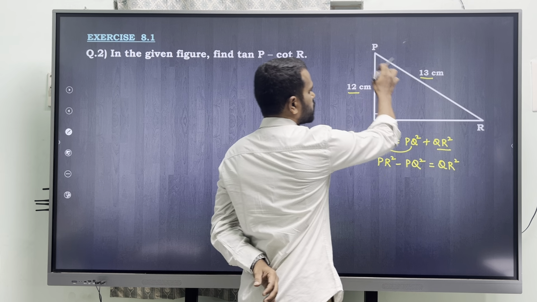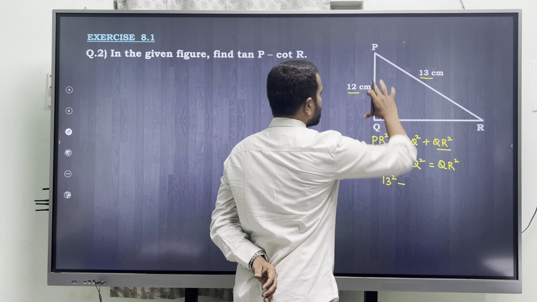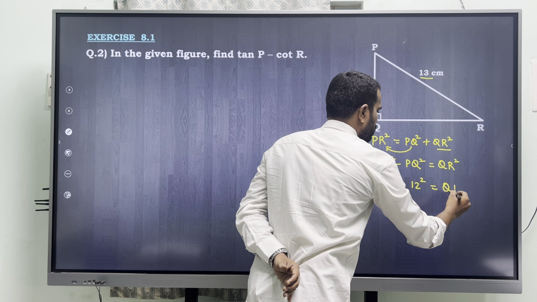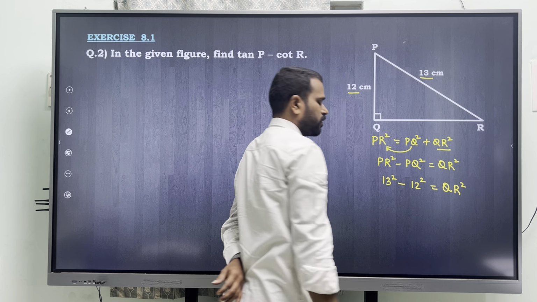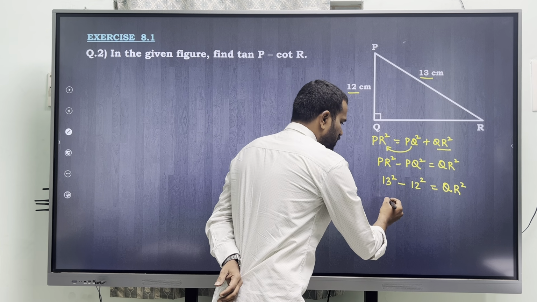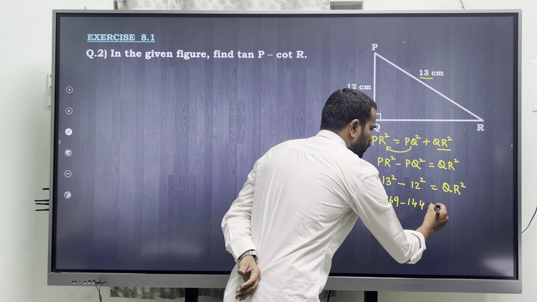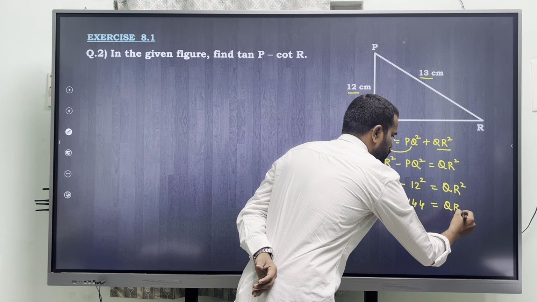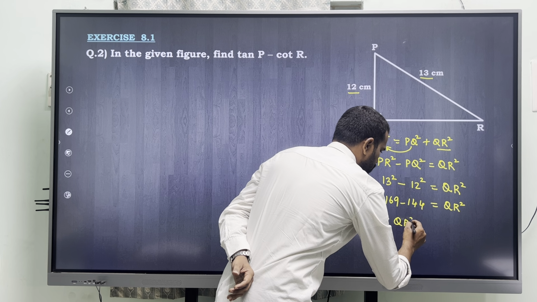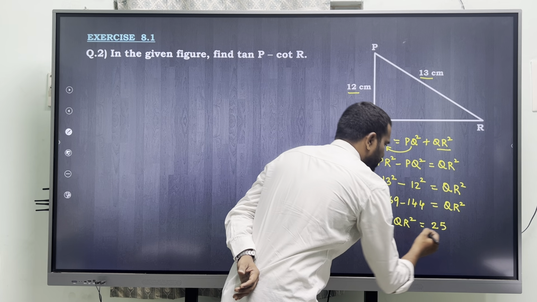So PR is 13, 13 square minus PQ 12 square equals QR square. 13 square is 169 minus 12 square is 144. That implies QR square is equal to 169 minus 144, which is 25.